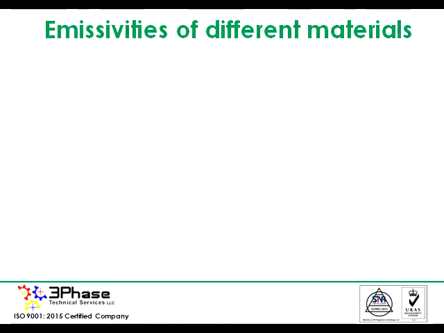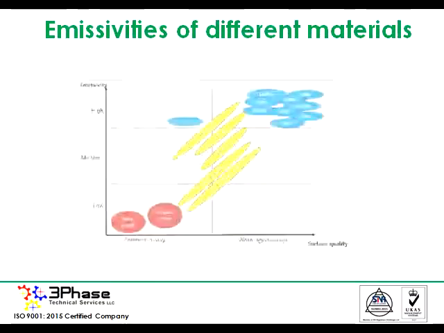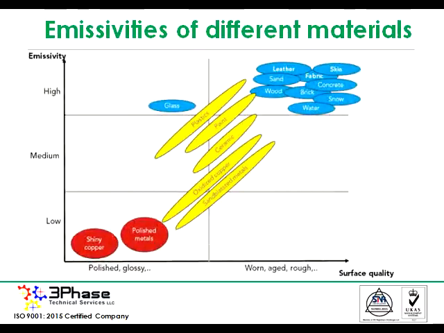Emissivities of different materials. In the given picture, on the x-axis we have surface quality and on the y-axis we have emissivity. Polished and glossy metals such as shiny copper have low emissivity, whereas glass, being a polished and glossy material, has high emissivity.